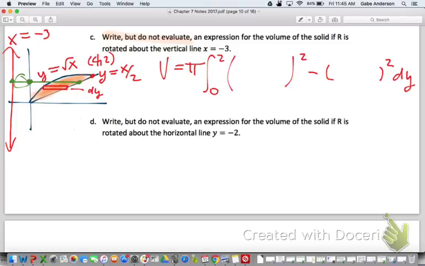And so you could say this if you wanted to. You could go -3 minus x. But of course, that's not going to work, right? Because we have a dy rectangle. Everything has to be in terms of y. And so what could I replace that x with that's in terms of y? 2y. So I'd erase the x and put 2y.